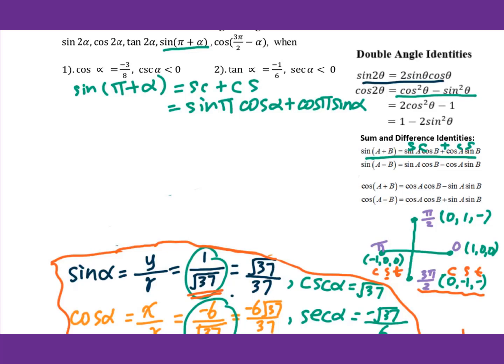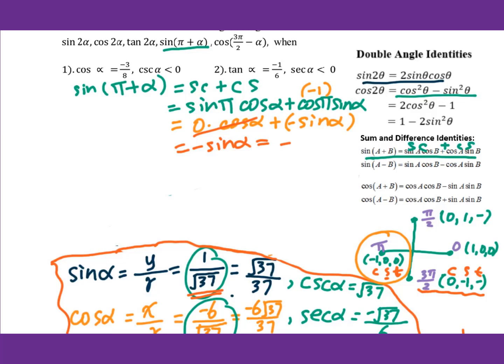Sine pi is 0 according to here. You will get 0 times cosine alpha plus cosine pi, that's negative 1. So this is gone, and you will get negative sine alpha, which means negative square root of 37 over 37.